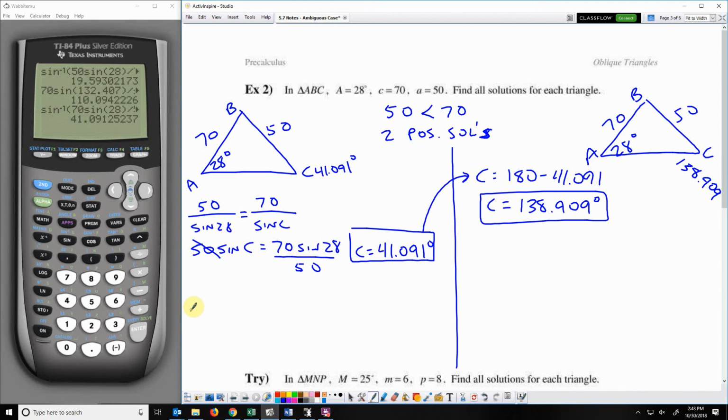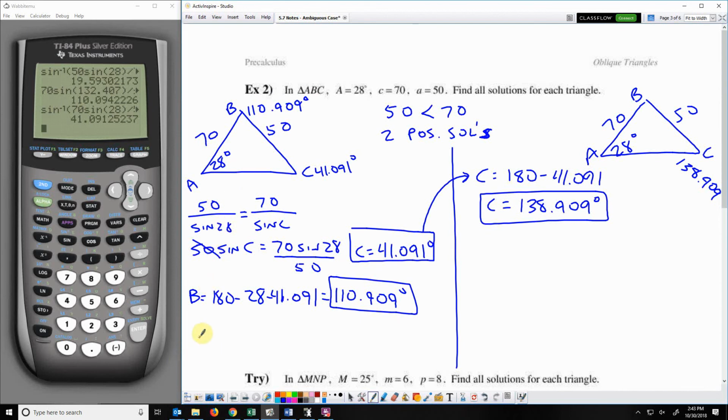Okay, so I can find angle B by doing 180 minus 28 minus 41.091. So I'm taking the two angles that I know away from 180, and that's going to give me 110.909 degrees. So for angle B, 110.909 degrees.